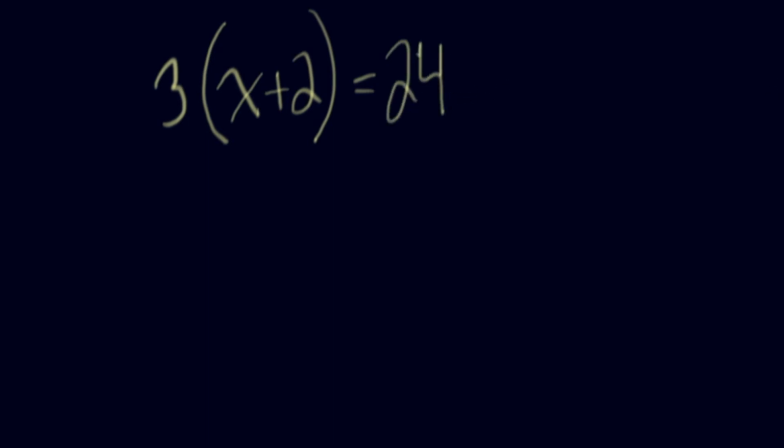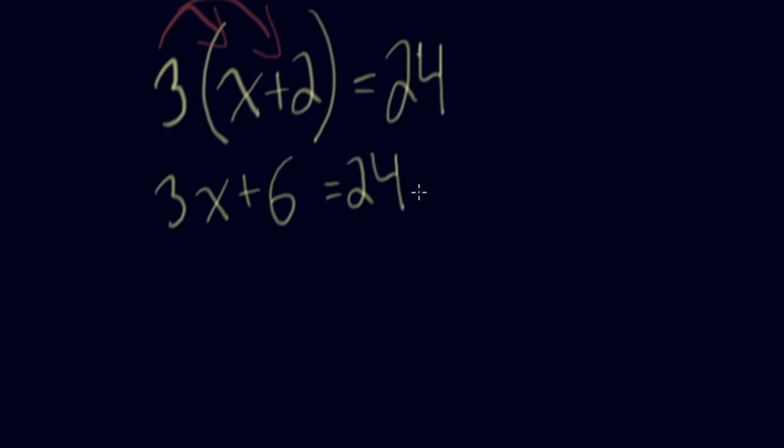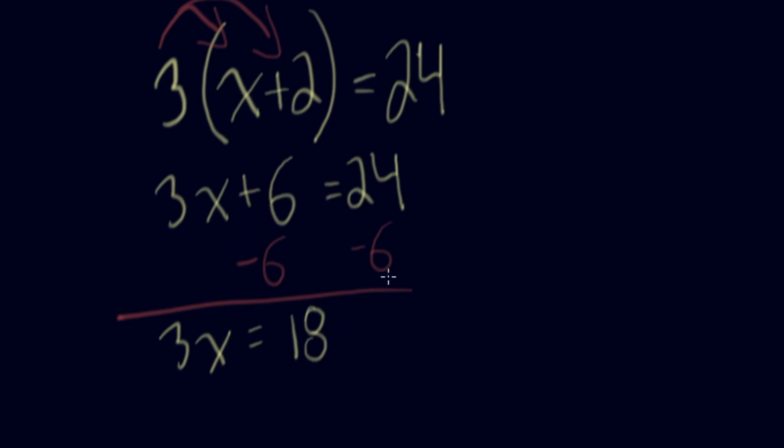So for this one, you have to go and distribute first. This comes back to one of those little pre-rules. So I would distribute first. And that means I would get 3x plus 6 is 24. And now I'm back to that same situation. Get rid of the constants on the left. And luckily, we will not have any variables on the right to get rid of.